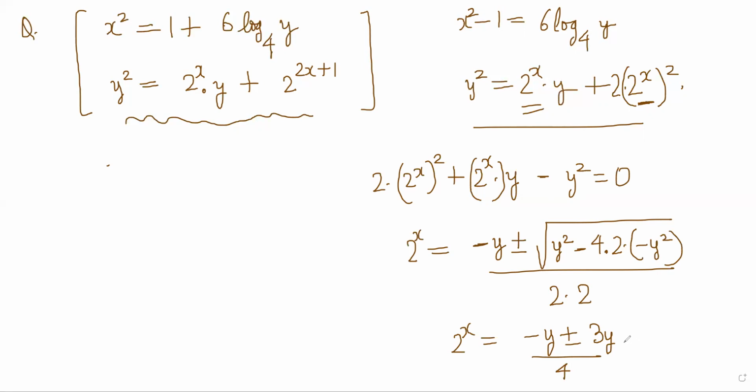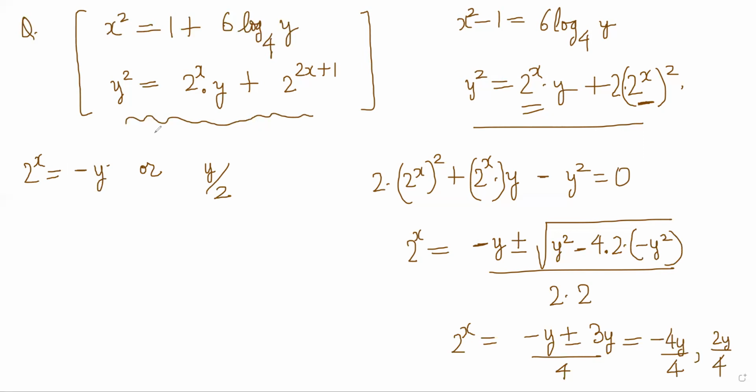So either it becomes minus 4y by 4 or 2y by 4. So you're getting either 2 power x is equal to minus y or y by 2. Much cleaner.